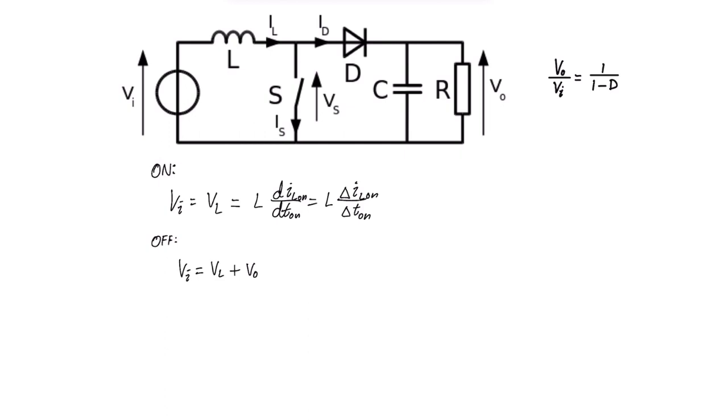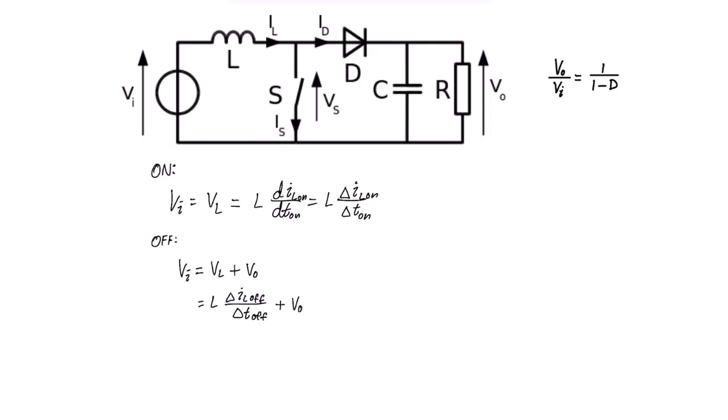So, which we can simplify or change to do the same as last time. But now it's VL off, right, over T off. And then plus VO.